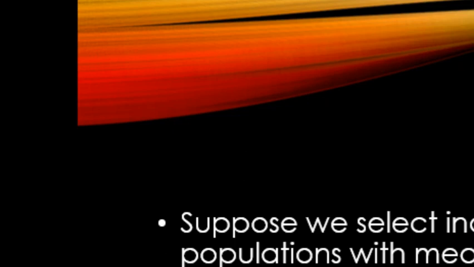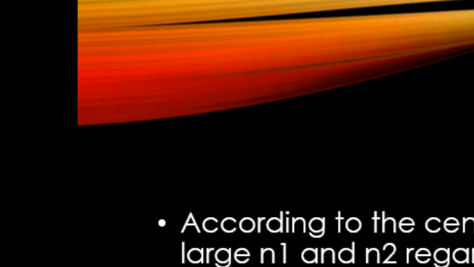And this is again coming from the central limit theorem. Because we can apply the central limit theorem here, we have an approximate normal distribution. The mean of this distribution will be y1 bar minus y2 bar, and the standard deviation can be given by the square root of sigma 1 squared divided by n1 plus sigma 2 squared divided by n2.